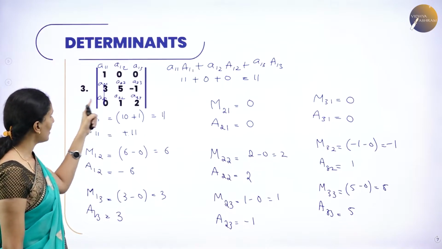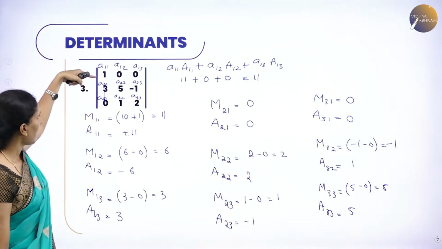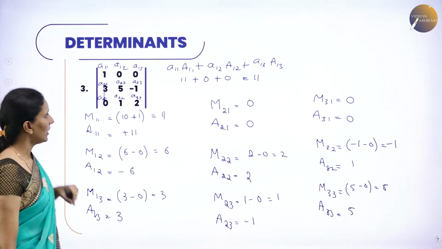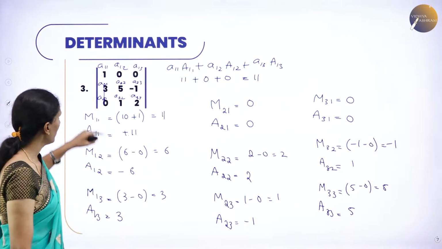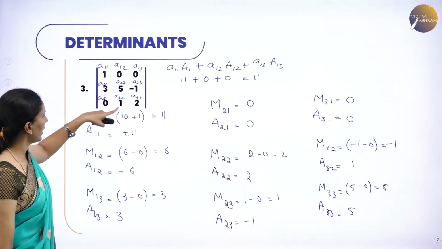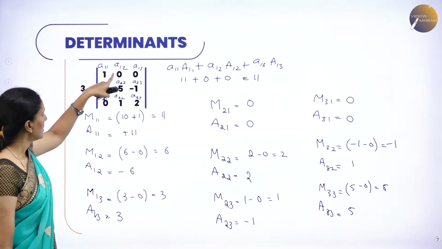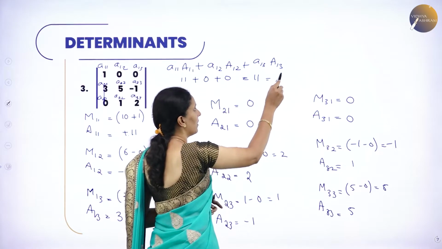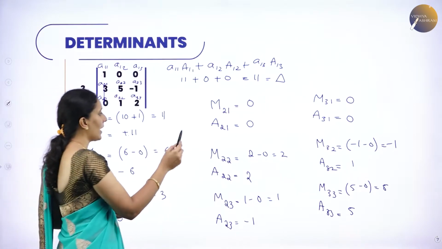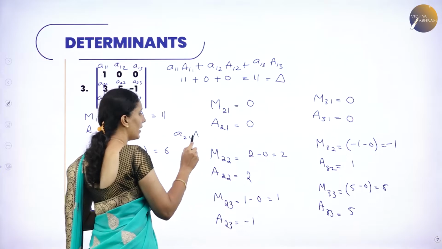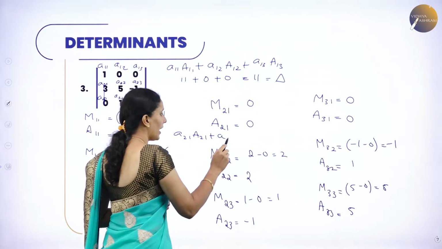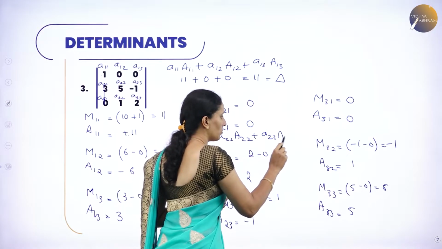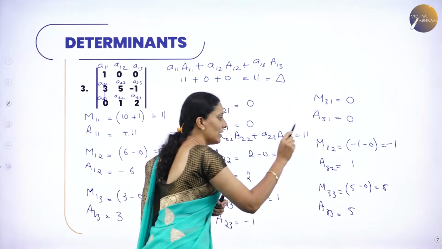Now let us find the value of the determinant for this. If you find the value of the determinant here, 1 into, when you take the determinant it is 11 only, and the other two elements are 0. So this is always equal to delta. Similarly, when you multiply A21 with A21 and A22 with A22, A23 with A23, the value will be again 11 only.